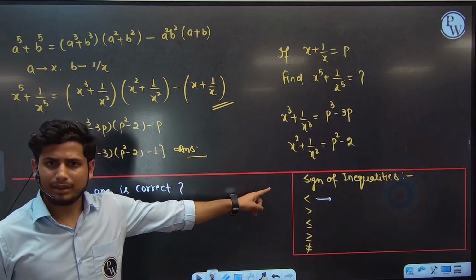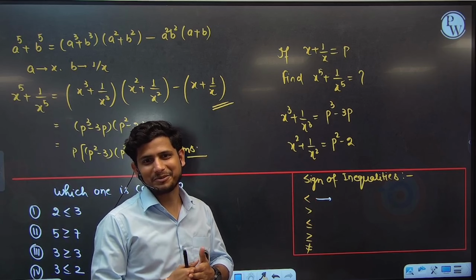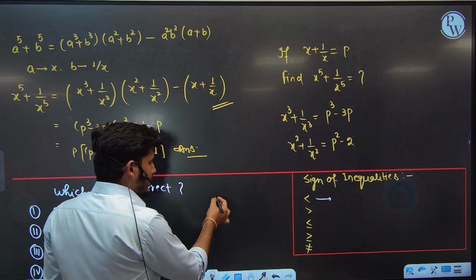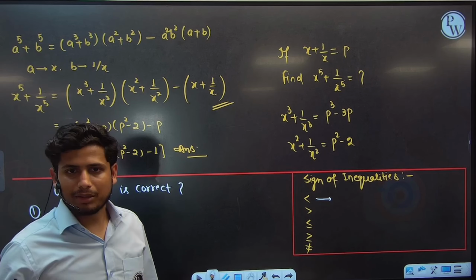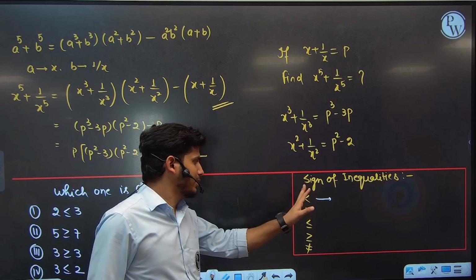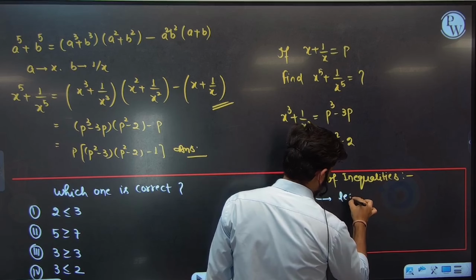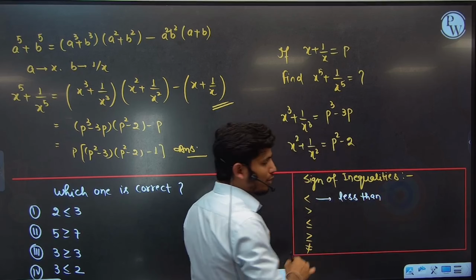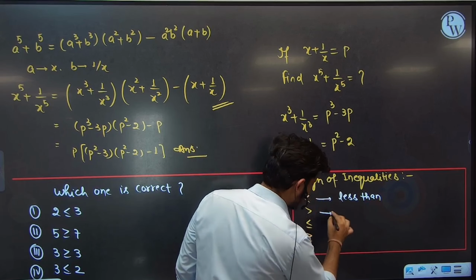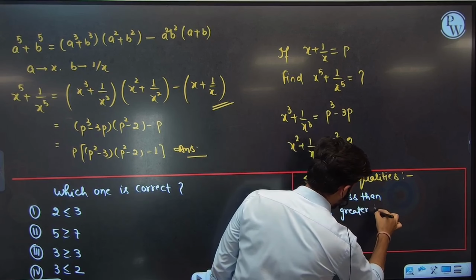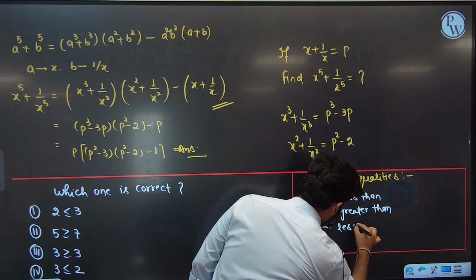Less than or greater than? According to the sign, less than. Yes. So we assume the numbers and the expression will be on the left side. So this is less than. Also, it is called strictly less than. Here greater than. Good. Here less than or equal to.